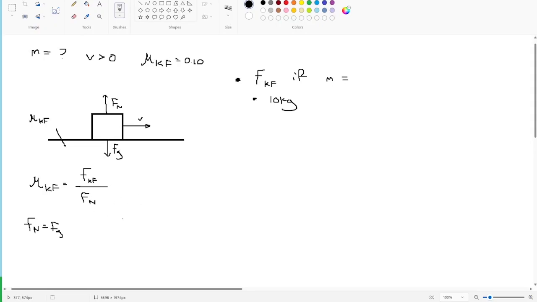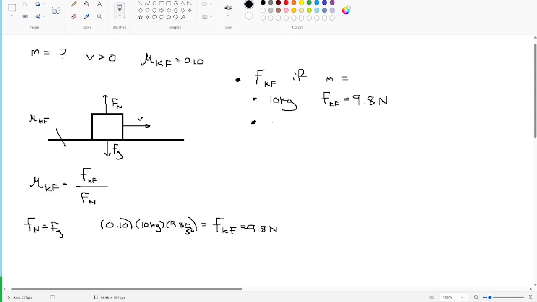So we just manipulate that, and we see that 0.10 times the normal force, which is equal to the force of gravity, 10 kilograms times 9.8 meters per second squared, is going to be equal to the force of kinetic friction. In this case, it is 10 times 9.8 times 0.1, which is equal to 9.8 newtons. So the force of kinetic friction is going to be equal to 9.8 newtons.